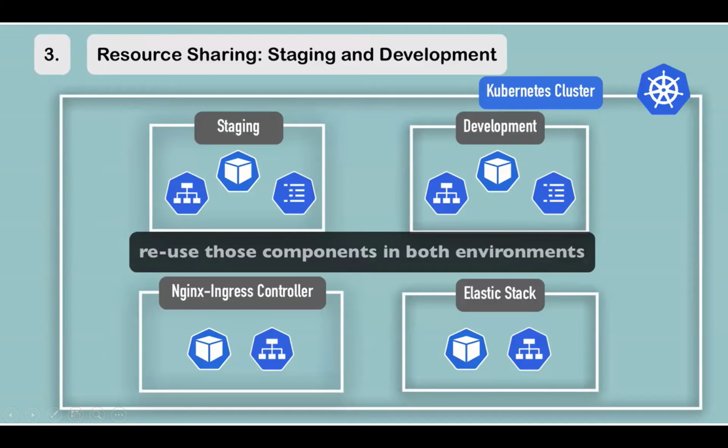Whatever comes into production, first gets tested in staging. If it works in staging, only then they deploy it in the production part. So it's better to keep two different namespaces. For staging, if you're doing your testing, do it in the staging namespace. Once it gets confirmed, then put it in the deployment namespace.